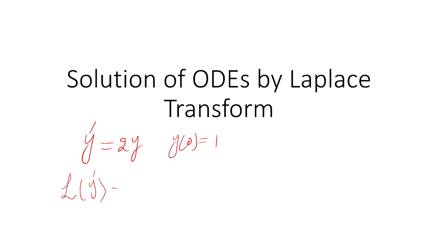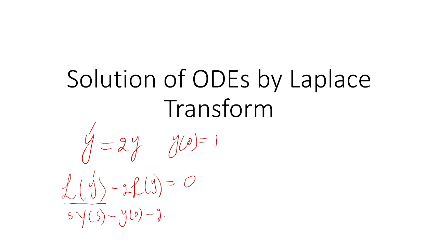Okay, so I'm writing this on this side, minus 2 Laplace transform of y equal to 0. So we know that the Laplace transform of the derivative of y is s times Laplace transform of y minus y at 0, and this is only for this term.